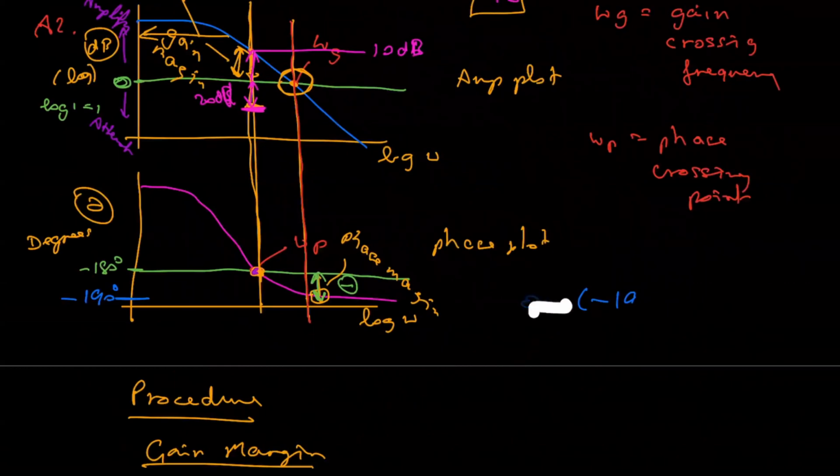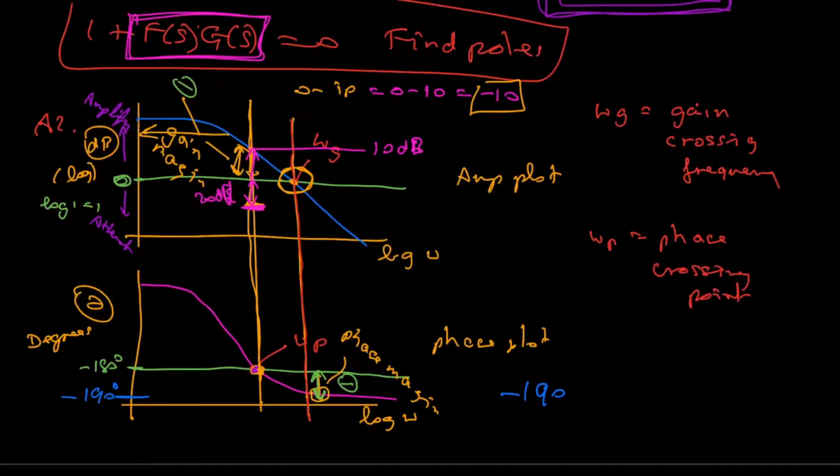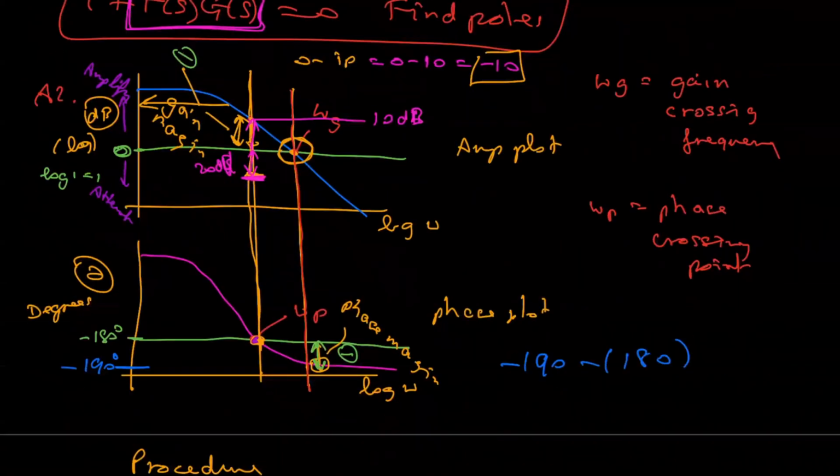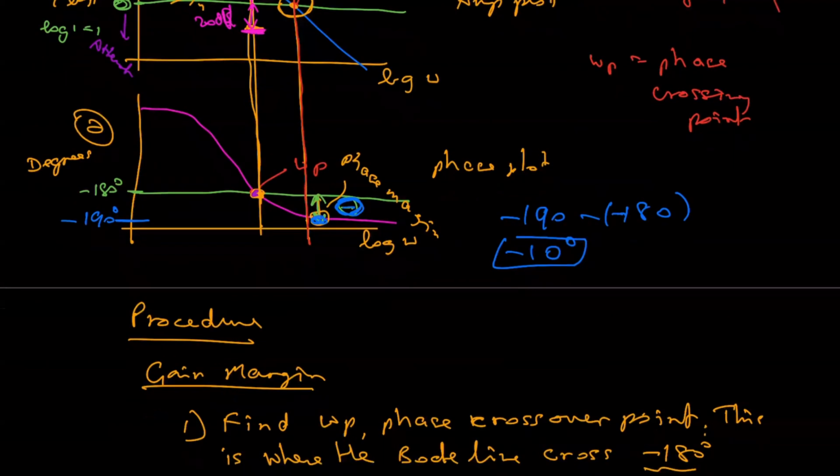It's basically adding 180, which gives us minus 10 degrees. So it's negative. It's the intersection point, this number here, minus 180.